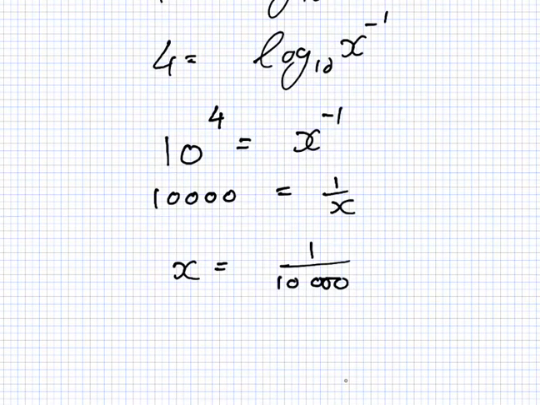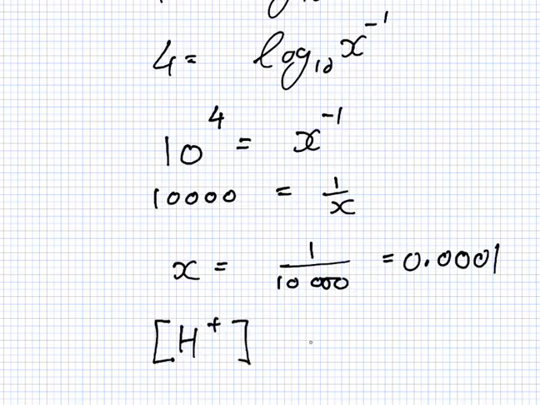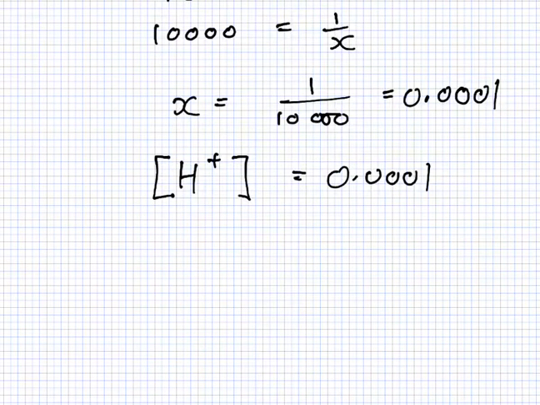Now what does x represent though? Concentration of hydrogen, this is 0.0001. Concentration of positive hydrogen ions is 0.0001. What's concentration? The formula or the definition of concentration?